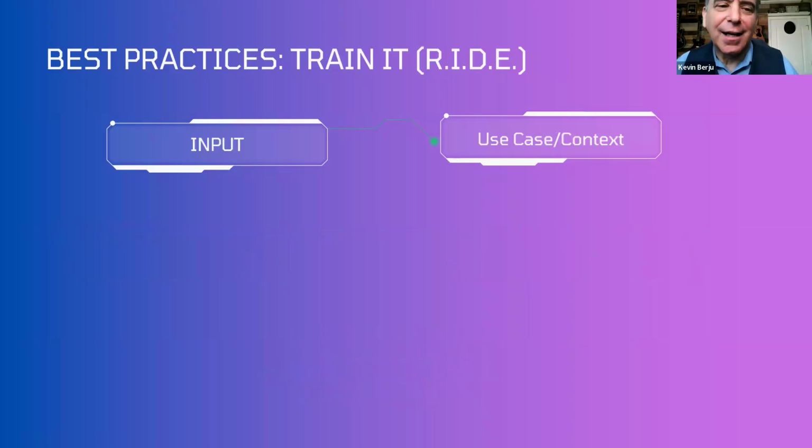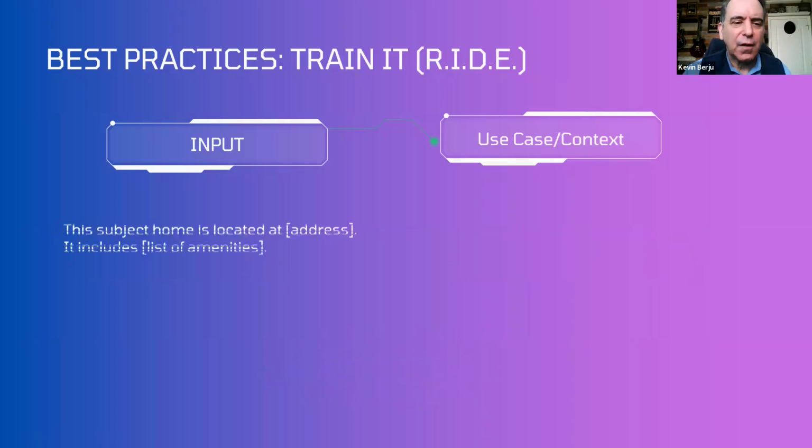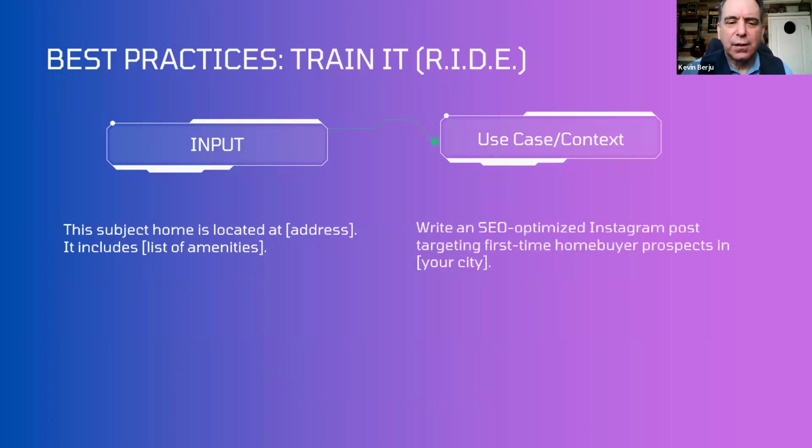Okay, here's the I, input. This is the process of supplying details that will help ChatGPT to provide you with the optimal output. So here are a few examples of input. The subject home is located at whatever the address is, 123 Main Street, and includes a list, and give it the list of amenities like we did before. Write an SEO, search engine optimized, Instagram post targeting first-time homebuyer prospects in Philadelphia, Cherry Hill, Voorhees, wherever you are.